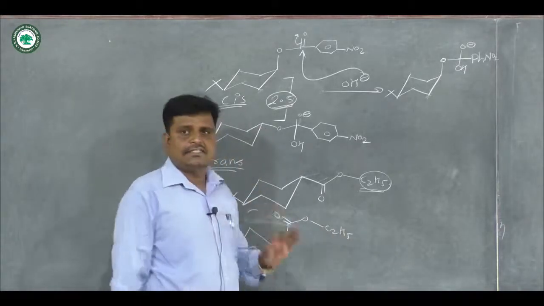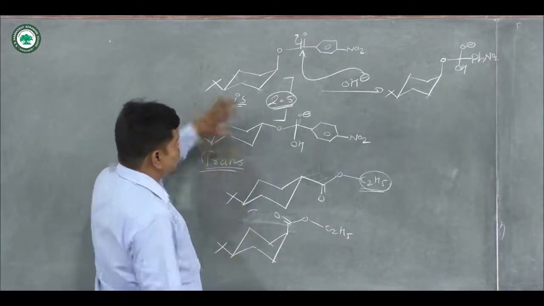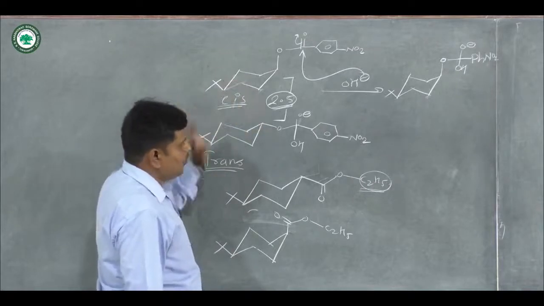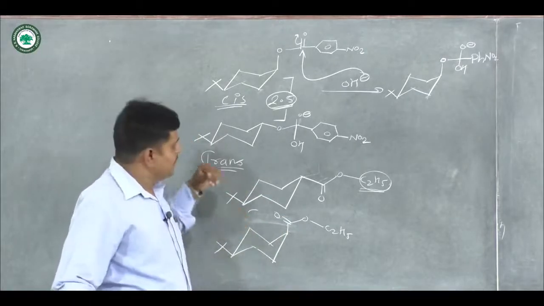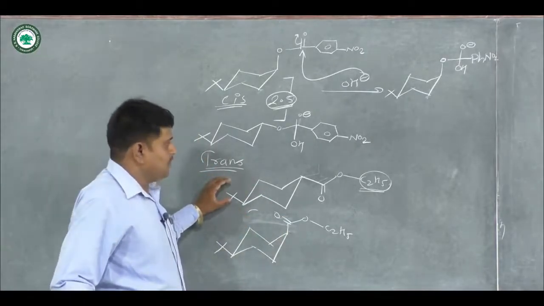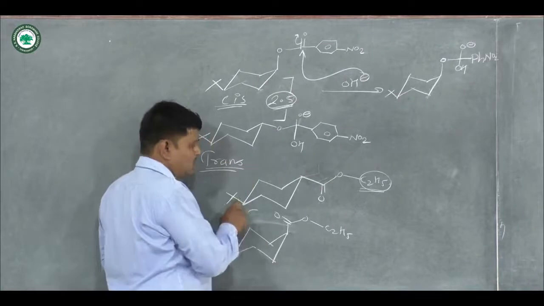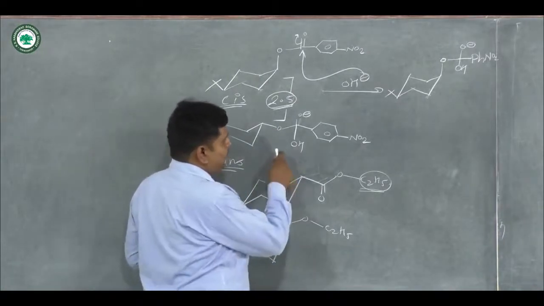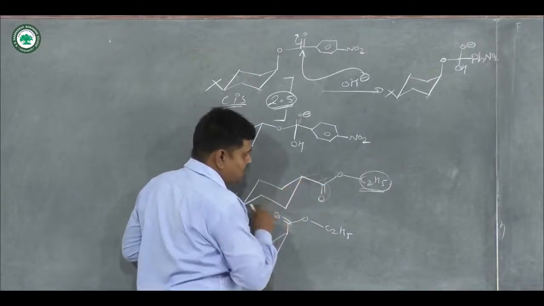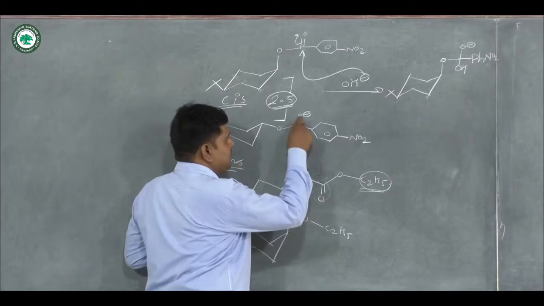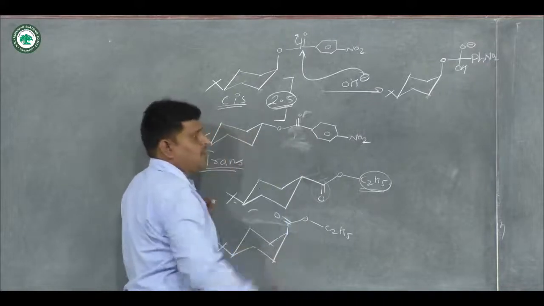This is the cis isomer and this is the trans isomer. What is the major difference between these two examples? In both cases the tertiary butyl group is the same, but here the carbonyl group is directly attached to the cyclohexyl ring, and in the other it is not directly attached.